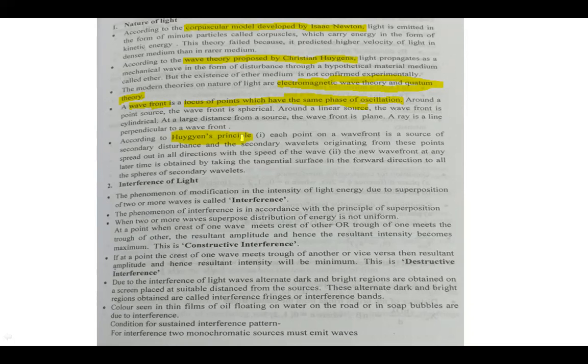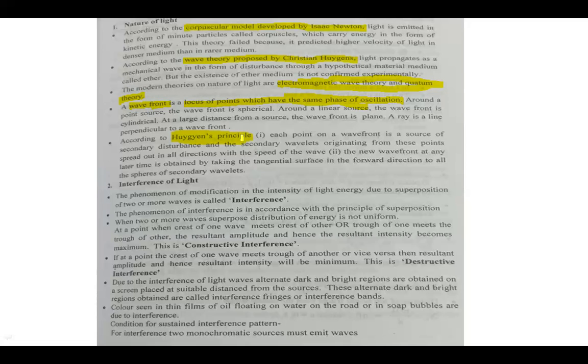The principle states: each point on the wavefront is a source of secondary disturbance, and secondary wavelets originating from these points spread out in all directions with the speed of the wave. Second, the new wavefront at any later time is obtained by taking the tangential line in the forward direction to all the spheres of secondary wavelets. Both statements are very important.